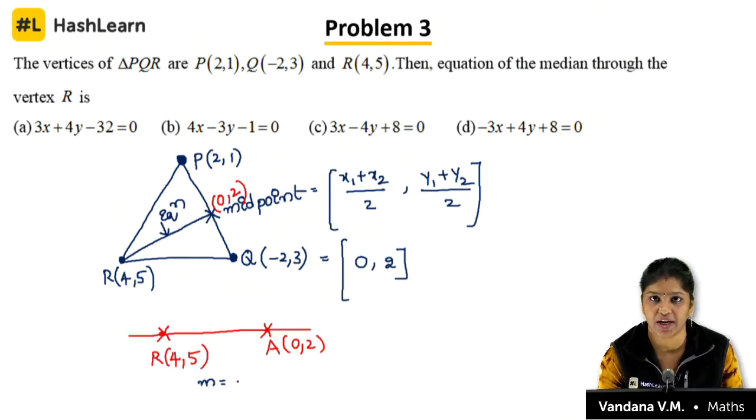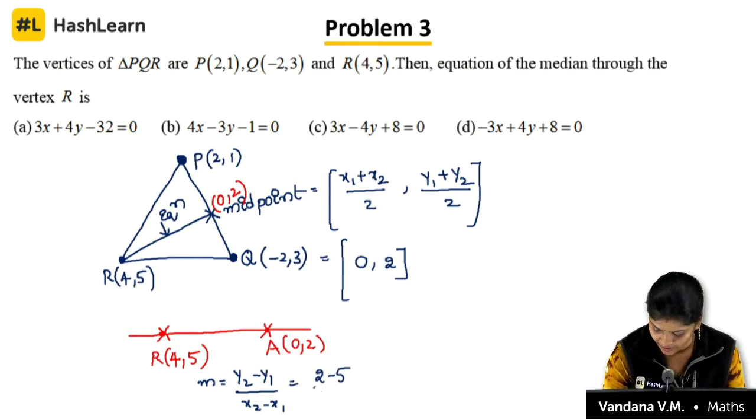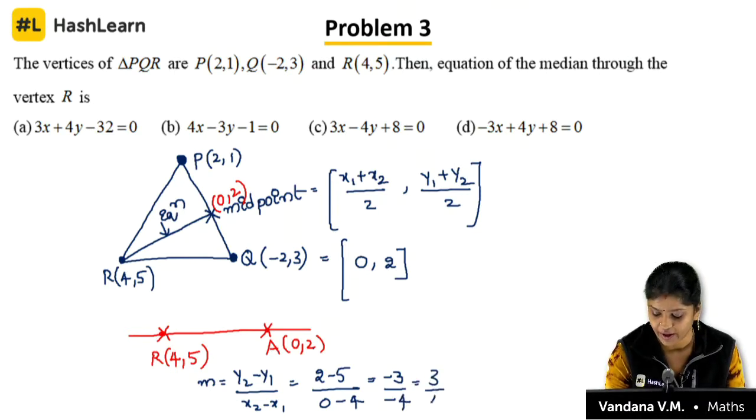Without the slope, I cannot write the equation. Slope is y2 minus y1 by x2 minus x1. 2 minus 5 divided by 0 minus 4. That is minus 3 divided by minus 4, which equals 3 by 4.